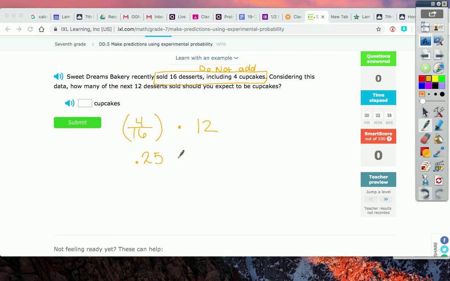I'm going to multiply that by 12 because we want to know if we sell 12, how many are we going to expect? Remember, this is our relative frequency. This is the percentage, 25% of what we have. So what is 0.25 times 12? 3. So what this tells us is in the next 12 desserts, we can predict that 3 of them will be cupcakes. Okay?